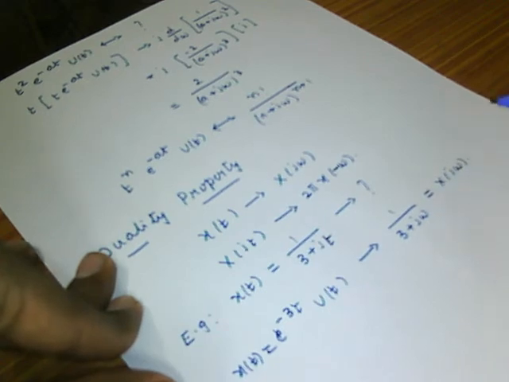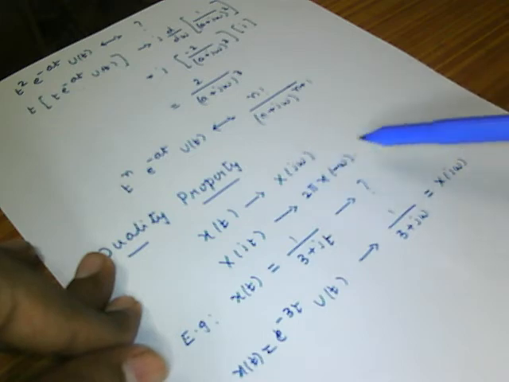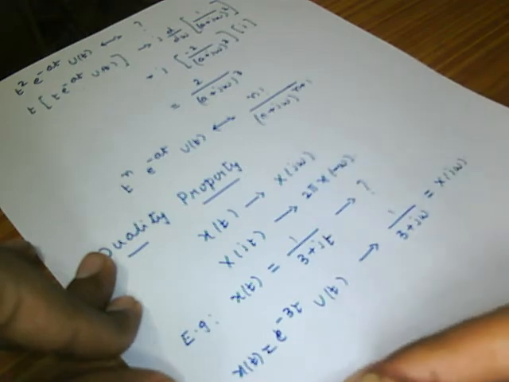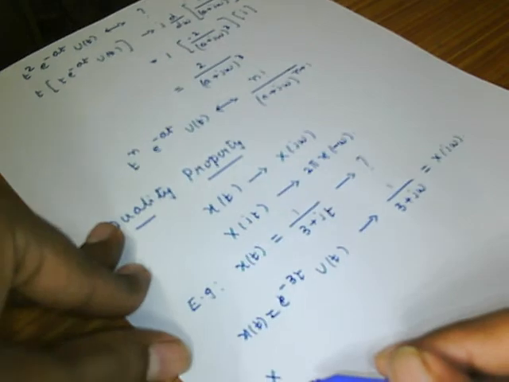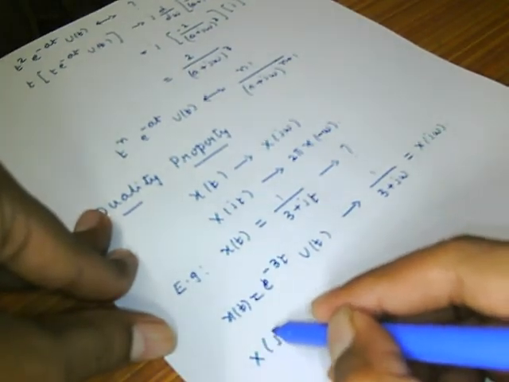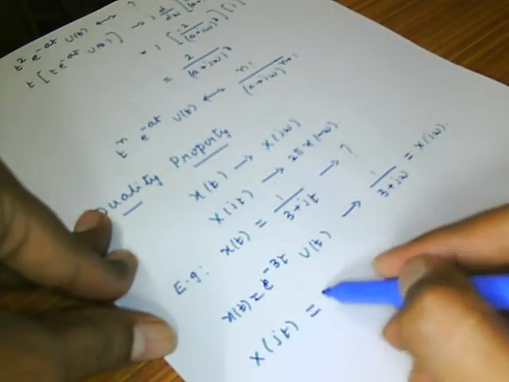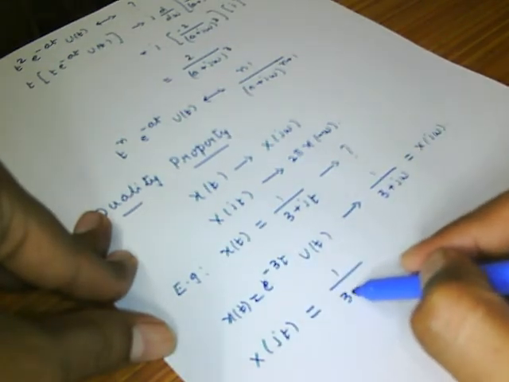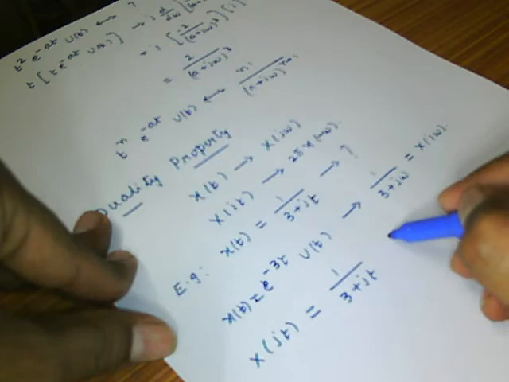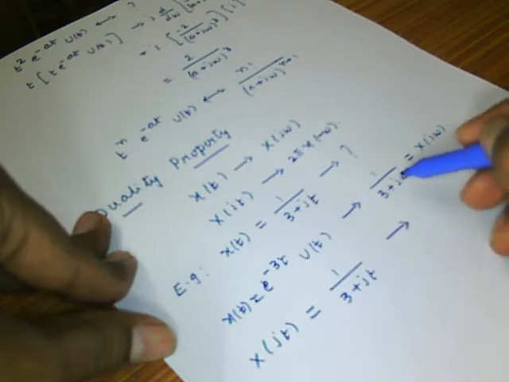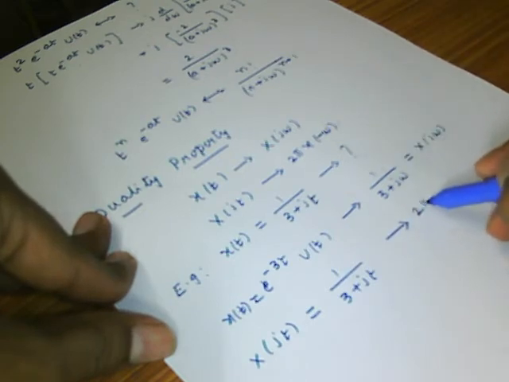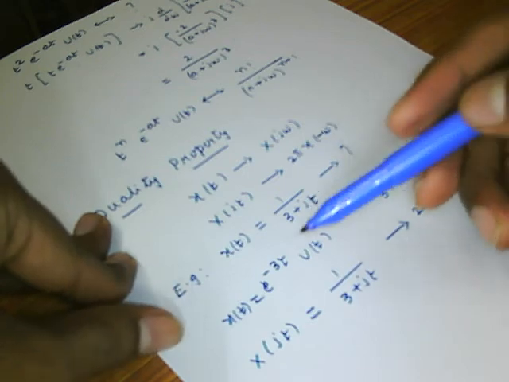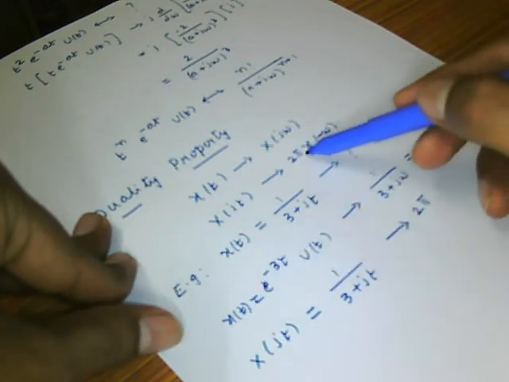Now what should I do? If I replace omega with t, what will I get? My x of jt. What have I done? I have replaced omega with t. So my x of jt will be 1 by (3 plus jt). What will be the corresponding Fourier transform according to the duality property? 2 pi into x of minus omega.